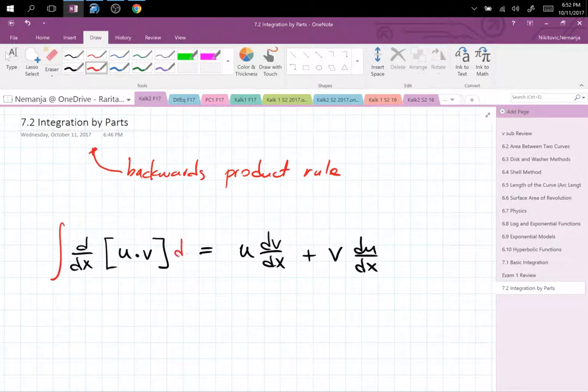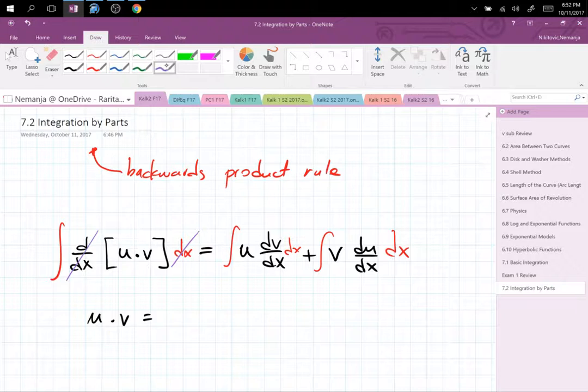If you integrate this dx everywhere, you see that on the right-hand side, the derivative and integral cancel completely. So you are just left with U times V. So that's on the left-hand side.